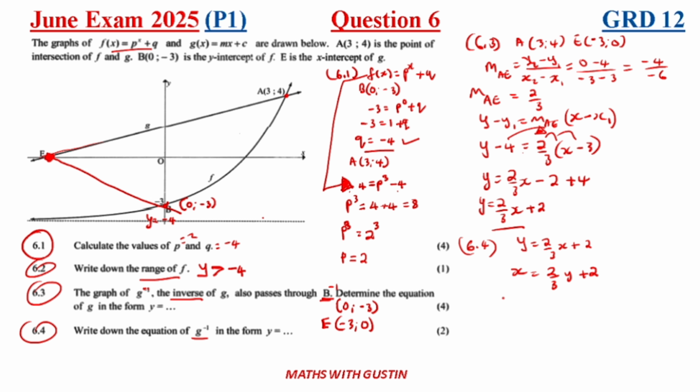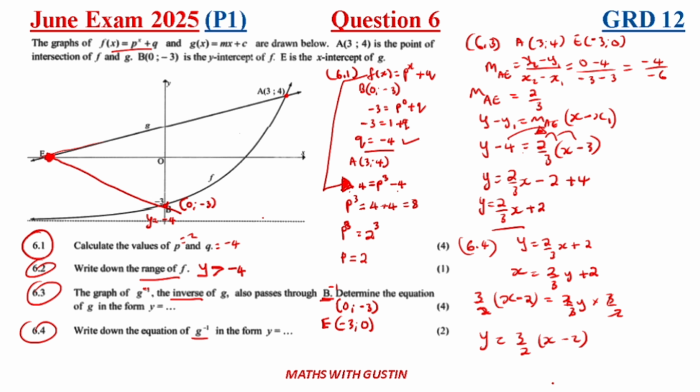So take 2 to the other side: x minus 2 is equal to 2 over 3y. You can solve it either way, but I prefer to divide by 2 over 3 on both sides, which is multiplying by 3 over 2. Therefore the 2 over 3 cancels out. Y is equal to 3 over 2 times (x minus 2).